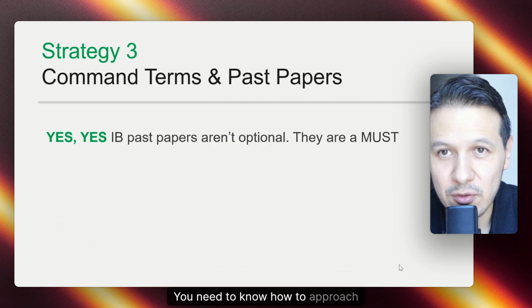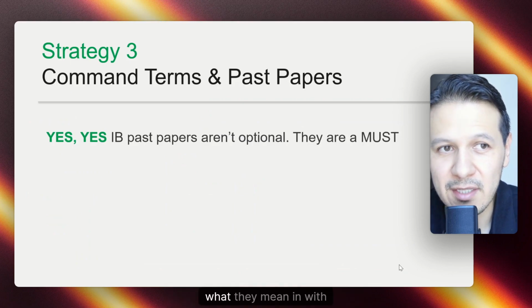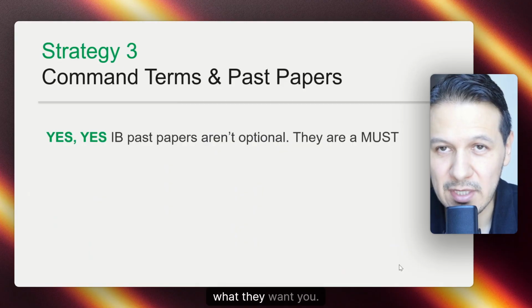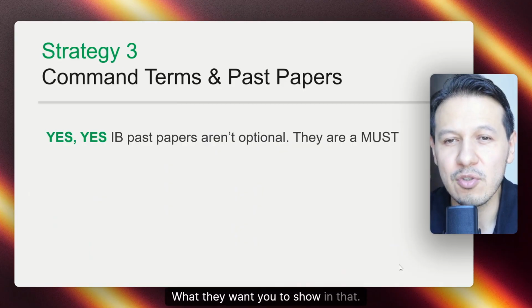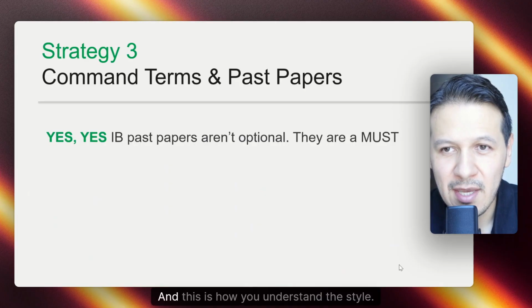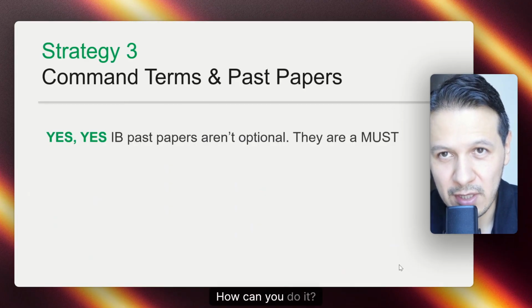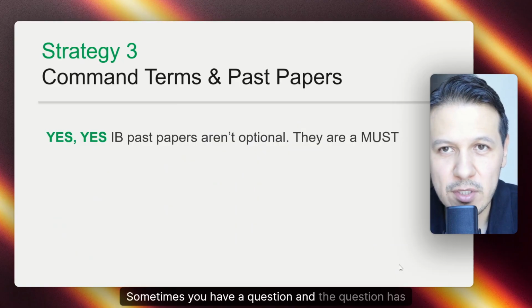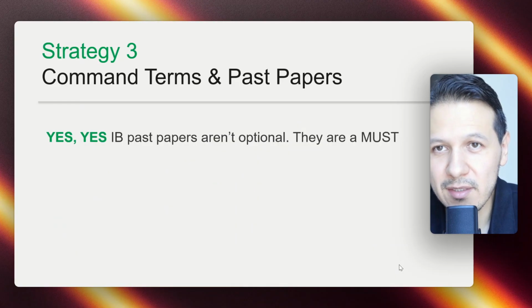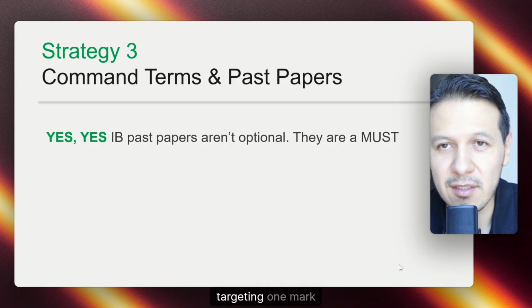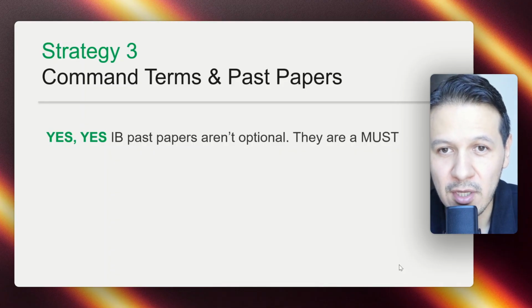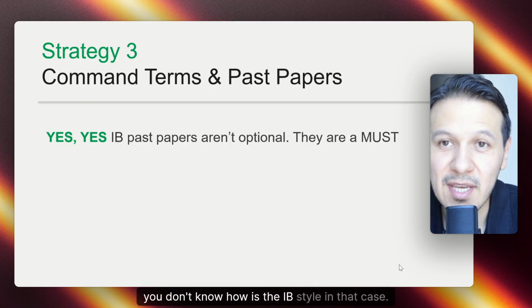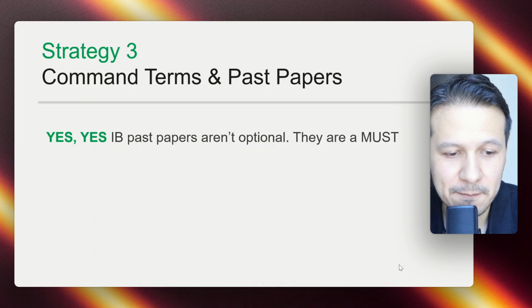You need to know how to approach them and understand what they want you to show in that question. And this is how you understand the style. How can you do it? Practicing past papers. Sometimes you have a question with 2 marks and you are only targeting 1 mark because you don't understand how to approach the question or because you don't know the IB style in that case.